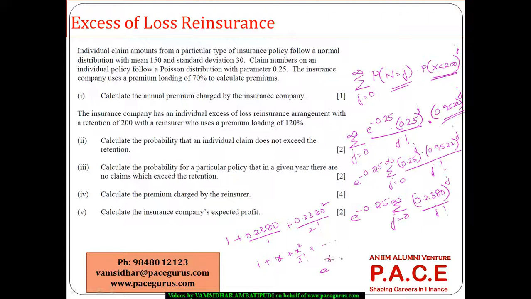It is nothing but an expansion of e to the power x. So with the summation, I can call it e to the power of 0.2380. So e to the power of 0.2380 multiplied by e to the power of minus 0.25. So this is what we can simplify.